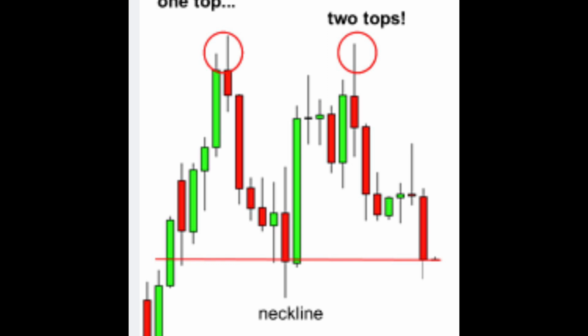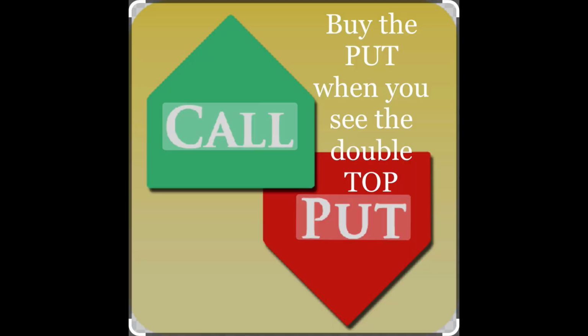So once you see a double top, that's a great opportunity for you to get in and purchase a call and then ride it down. But don't be greedy. I normally look for about a 20% return on whatever I invested. For me, that's a safe place to be. I'm happy with 20% on my money, and I'm putting less money at risk.